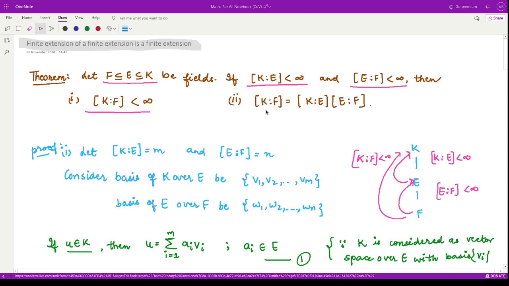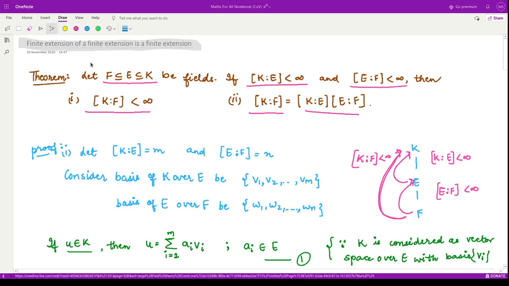Moreover, the degree of the extension K over F is equal to the degree of extension K over E multiplied by that of extension E over F. So this is the result. So let us prove this. This is a very simple result to prove.